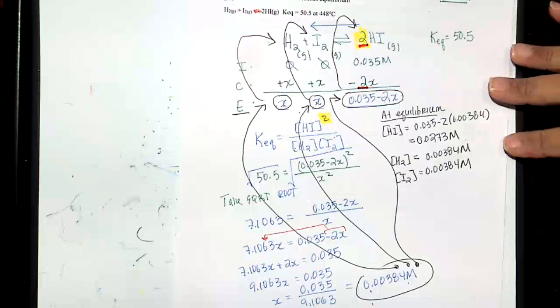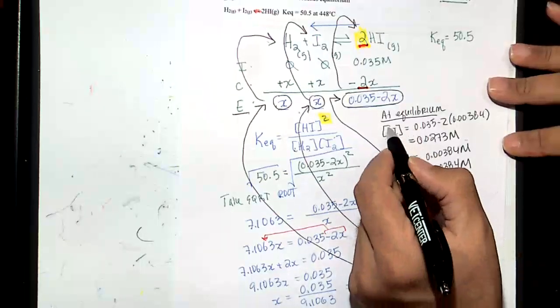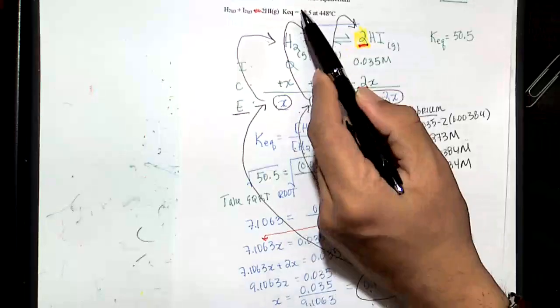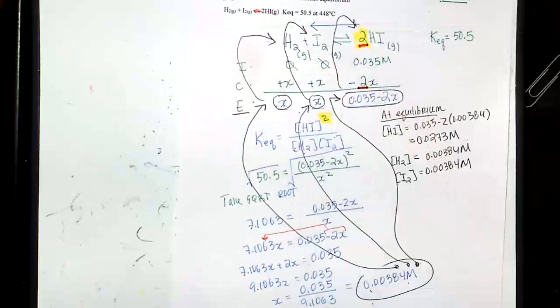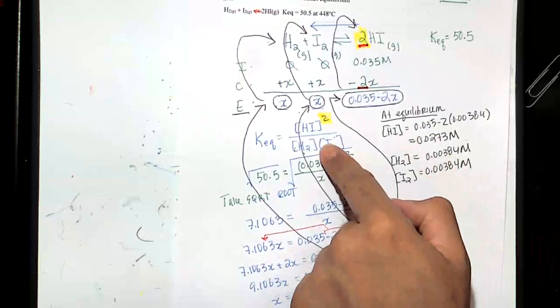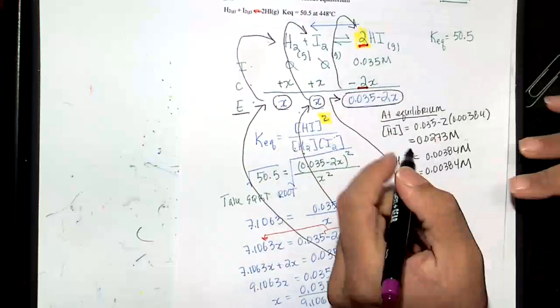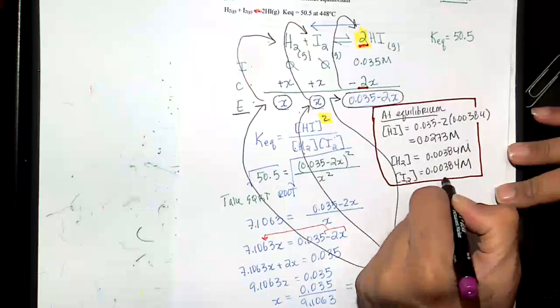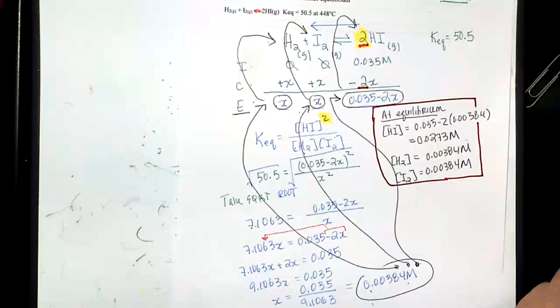All right, how do we know we have the right answer? Okay, we'll plug in these equilibrium concentrations to here, and what should it equal? It should equal 50.5. So we'll plug in our final answer here, and it should equal 50.5. This is a way to check that the answer you got on the exam is indeed the right answer.